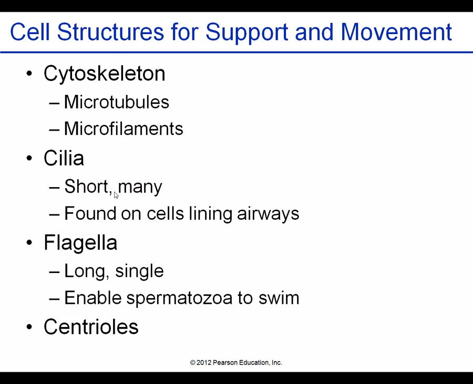Finally, we have other structures inside the cell, and that's the cytoskeleton, for example, the microtubules, microfilaments. We agreed that these provide a support structure inside the cell, and also provide the highways and the tracks, the railroad tracks inside the cell for shipping. Remember how I told you certain proteins are shipped in different directions?